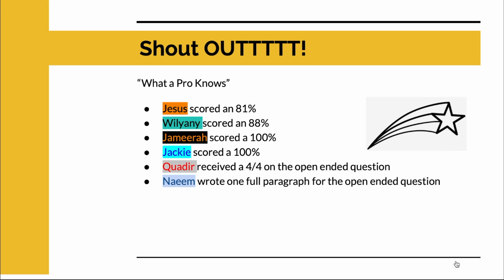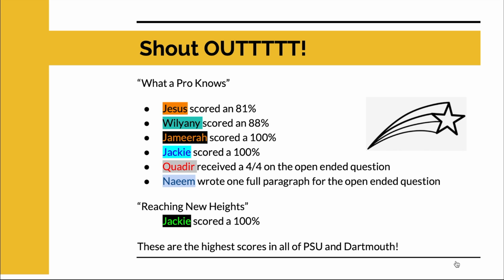Naeem wrote 1 full paragraph for the open-ended question, which is amazing because I've been pushing students to write at least a paragraph. And for reaching new heights, Jackie scored 100% on the assignment. These are the highest scores in all of Penn State and Dartmouth. So shout out to everybody whose name is on this list.